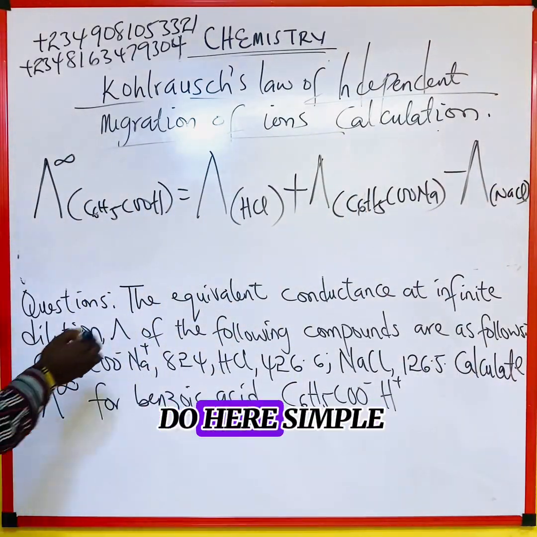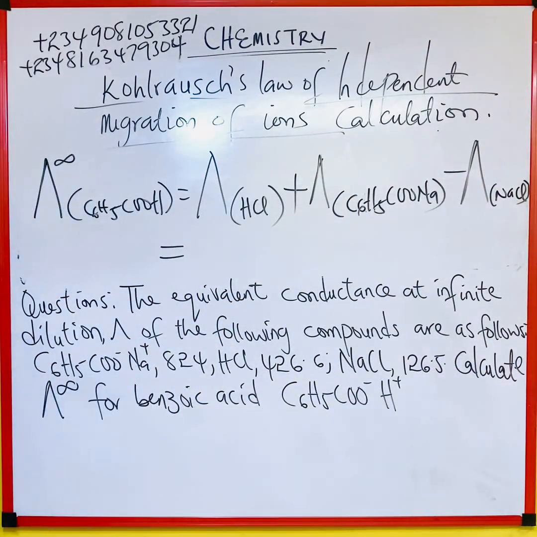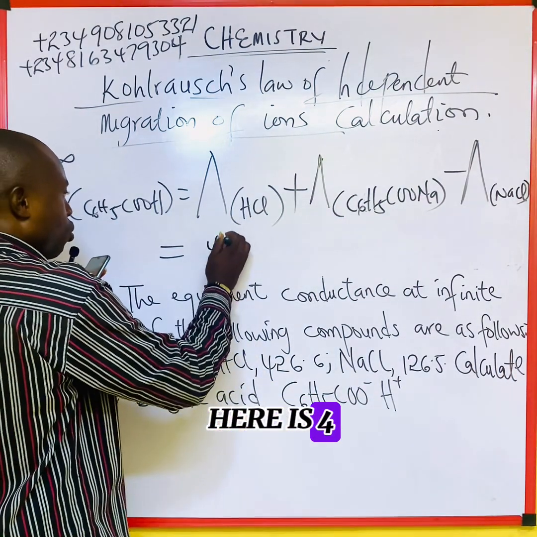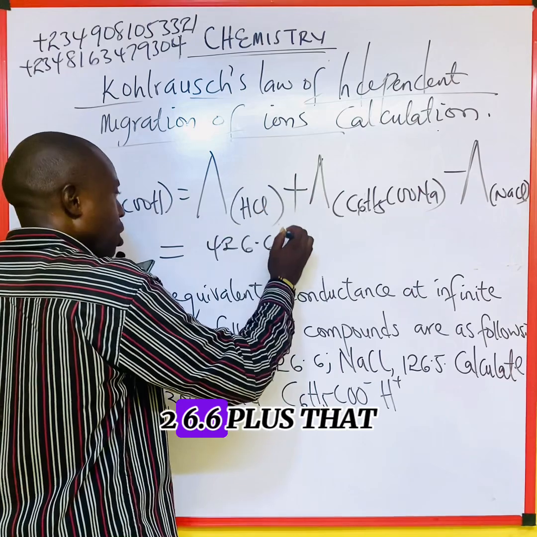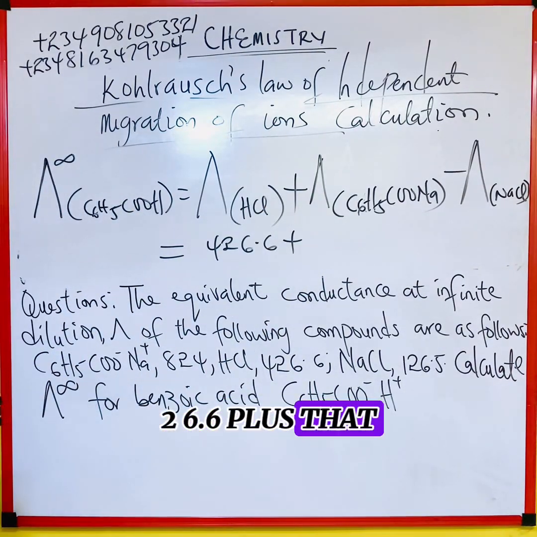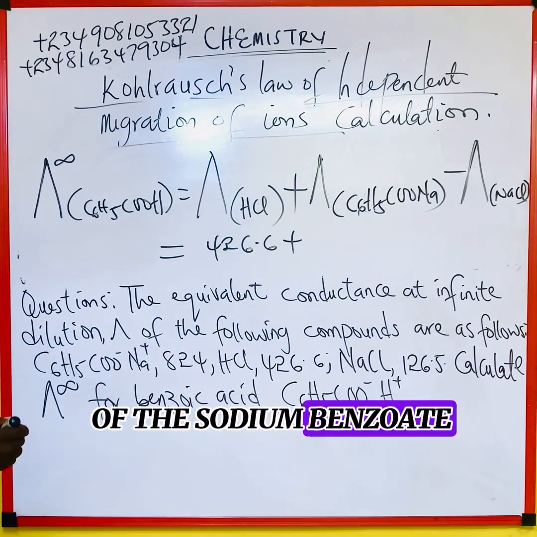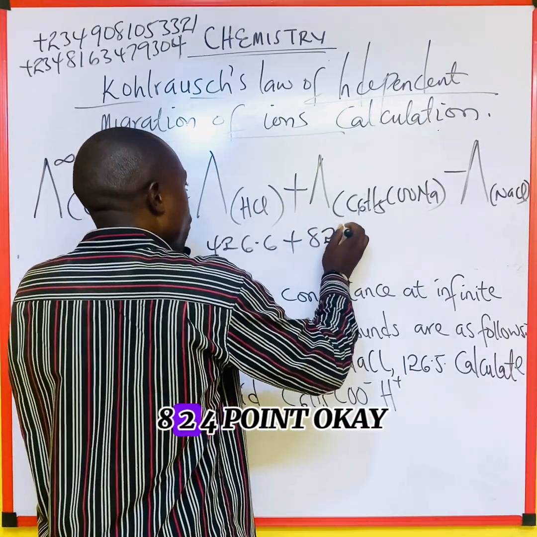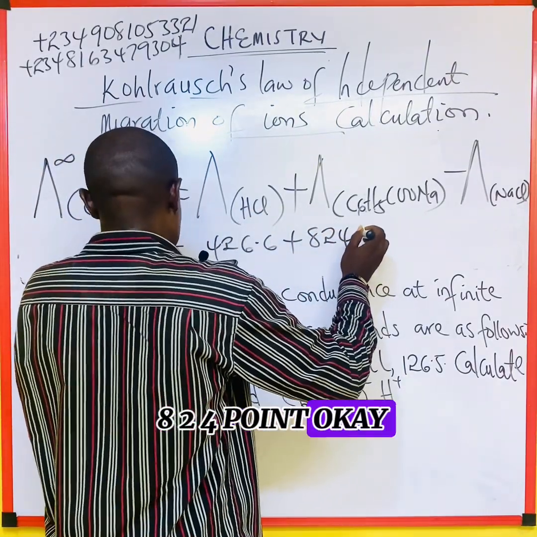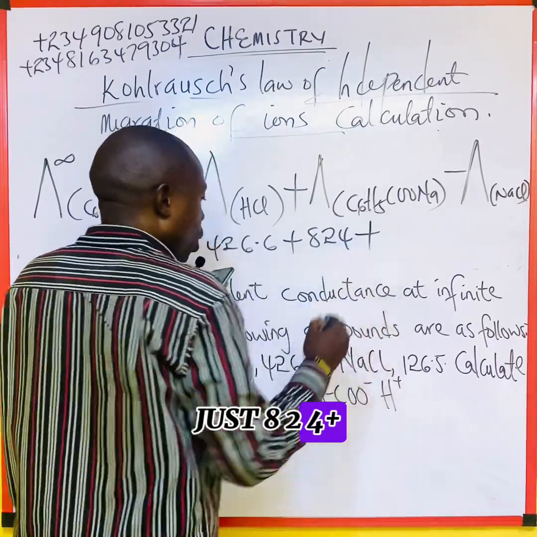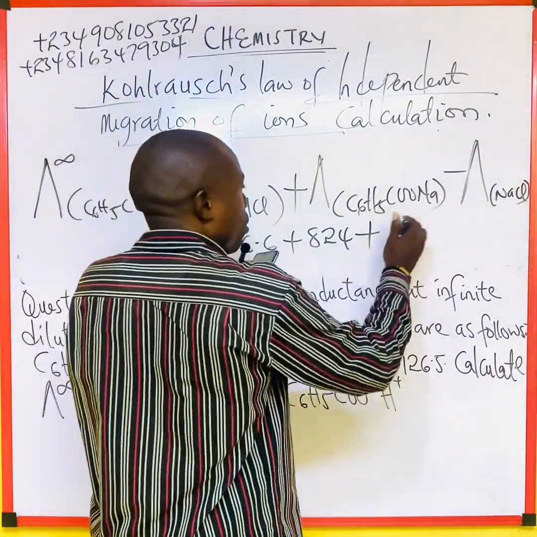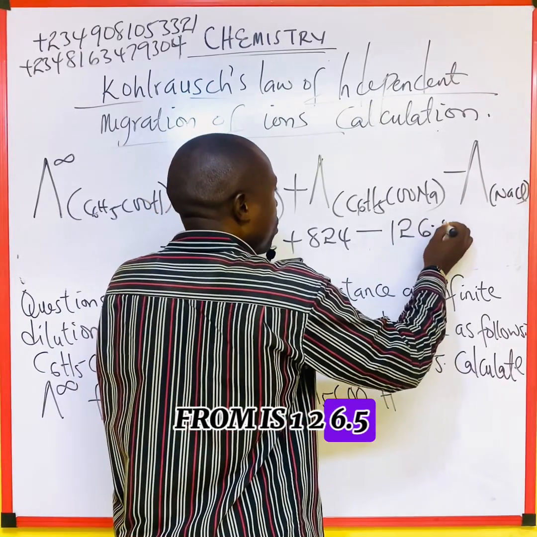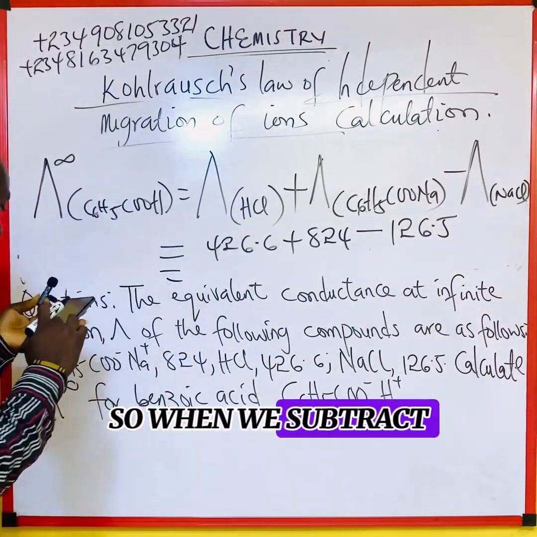So what do we do here? Simple. That of the HCl here is 426.6 plus that of the sodium benzoate here, which is 824, minus that of the salt, which I'm to subtract, which is 126.5.